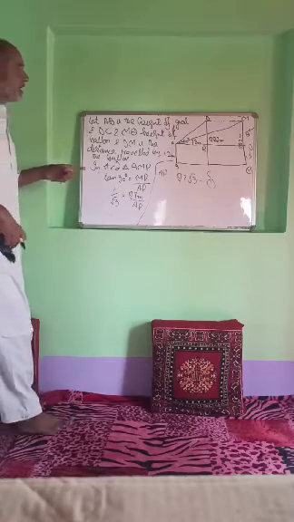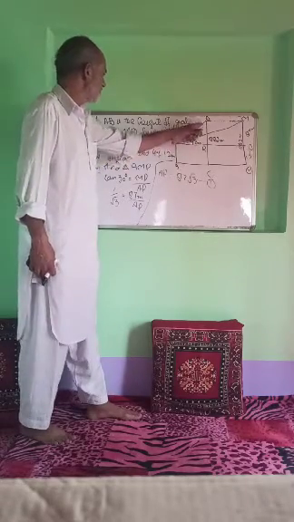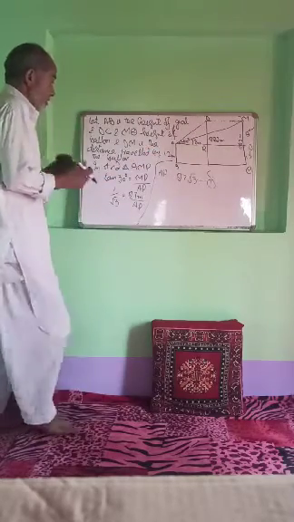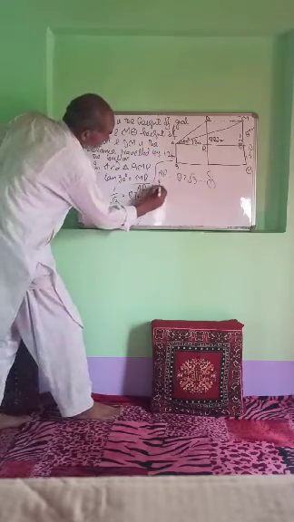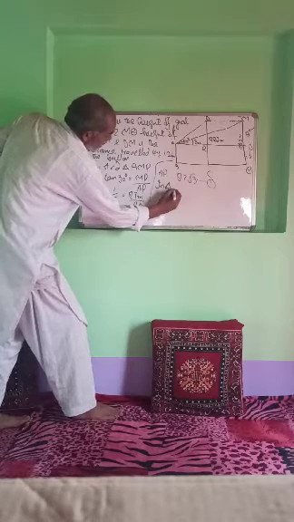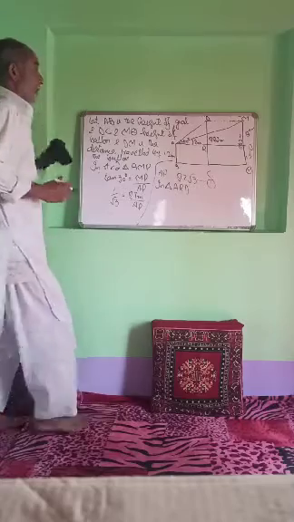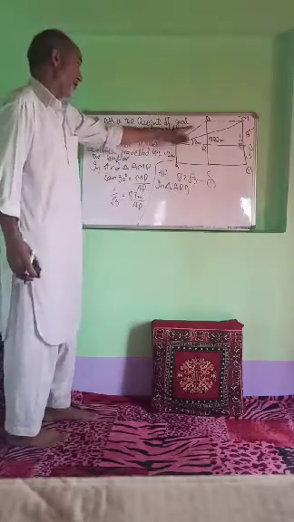Now we will take the other right angled triangle, that is ADR, or ARD, sorry. In triangle ARD, here the angle is 60, mind it.